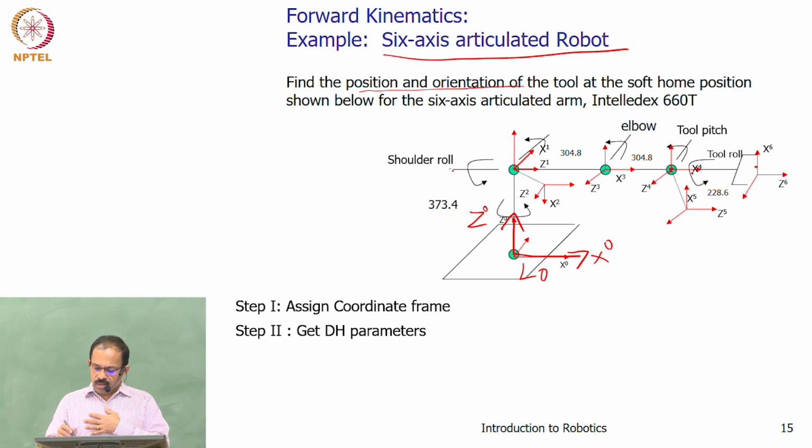And then, since the origin is at the same point, Z5 is in this direction, the tool roll is in this direction, and therefore Z5 and Z4 intersect here at the same point. So we take the same origin here and then assign the other axes. And finally, the tool tip will be here, Z6.